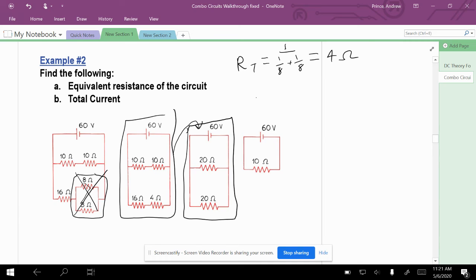So again, we go back to our tried and true formula. So I got my 20s plugged in over here, and that's going to give us a total of 10 ohms, which they have represented here by pretty much back to day one, the most basic circuit that we've had.